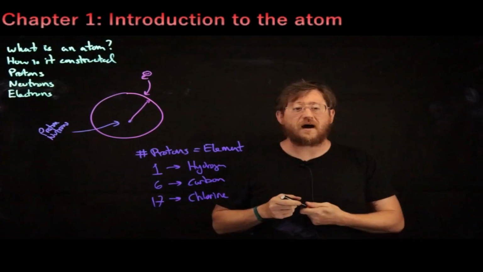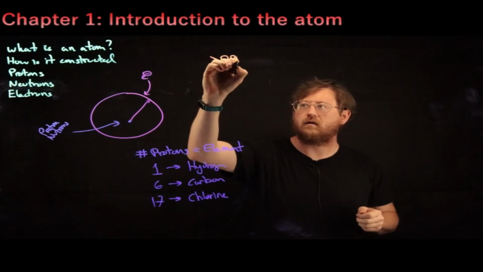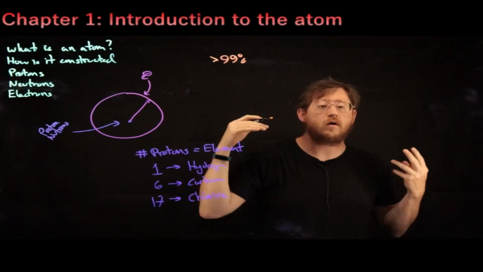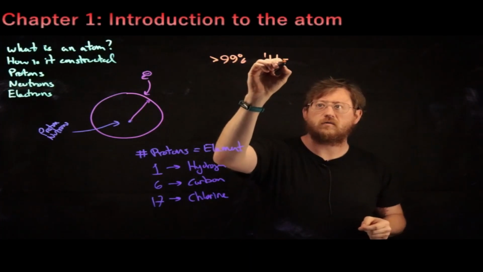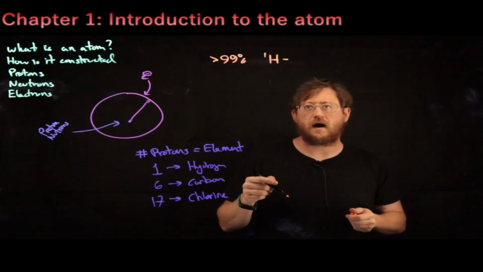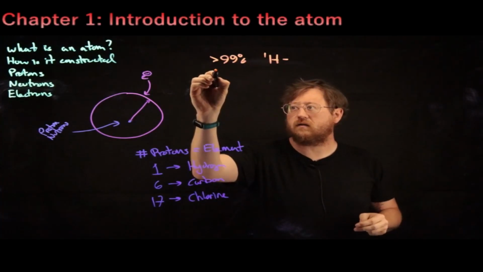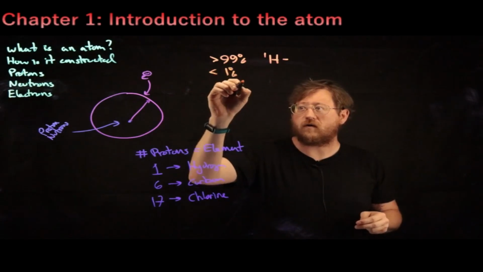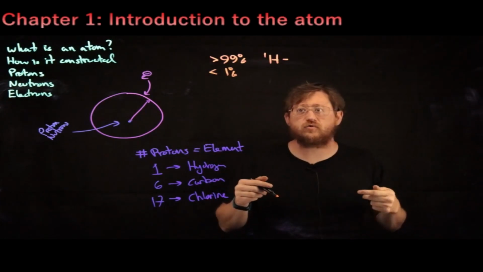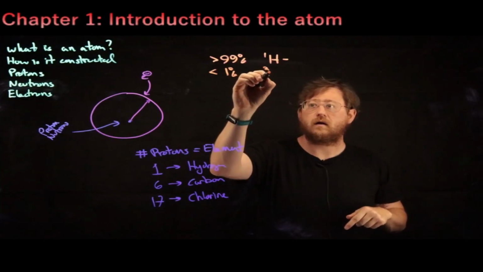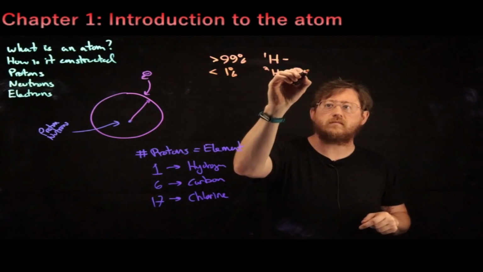And that's because hydrogen is about 99%, greater than 99%, hydrogen 1, or H1, 1H. We're just going to refer to this as hydrogen. But a small amount, less than 1%, of hydrogen has both a proton and a neutron in it. And so we're going to call this deuterium.